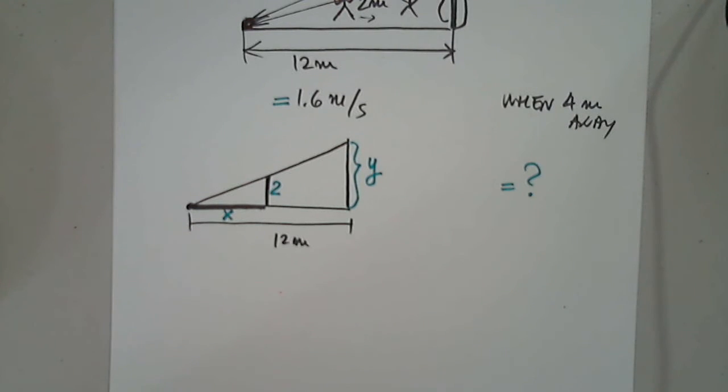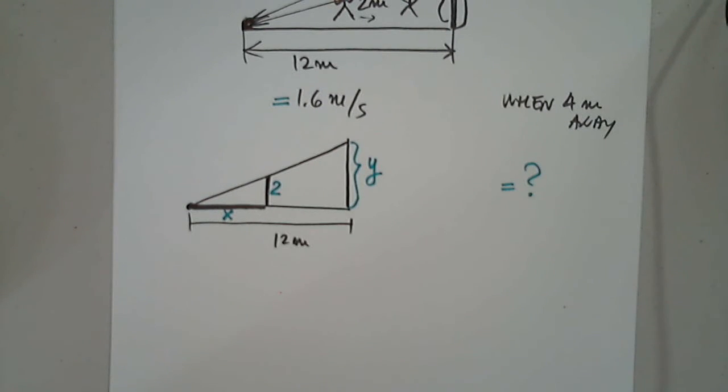Okay, let's read the problem one more time. A spotlight on the ground shines on a wall 12 meters away. If a man 2 meters tall walks from the spotlight toward the building at a speed of 1.6 meters per second, how fast is the length of his shadow on the building decreasing when he is 4 meters from the building? So this is a key word.